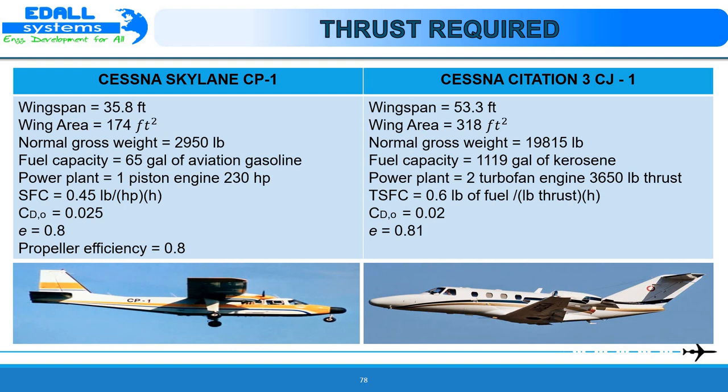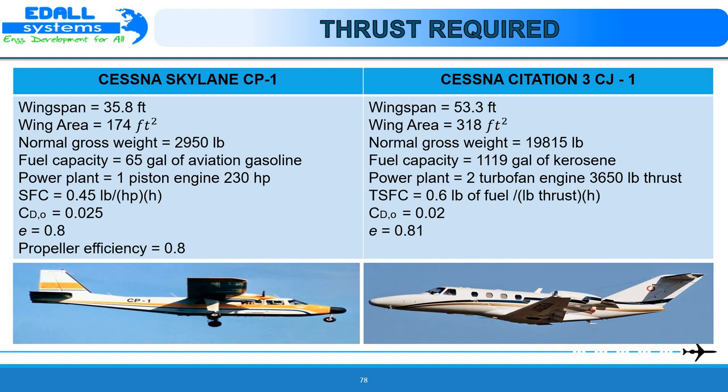For convenience, we will designate our hypothetical aeroplane as the CP1, having the following characteristics: a wingspan of 35.8 feet, wing area of 174 square feet, normal gross weight of 2,950 lb, fuel capacity of 65 gallons of aviation gasoline, power plant of one piston engine of 230 HP at sea level, specific fuel consumption of 0.45 lb per HP per hour, parasitic drag coefficient of 0.025, Oswald efficiency factor e equal to 0.8, and the propeller efficiency is 0.8.